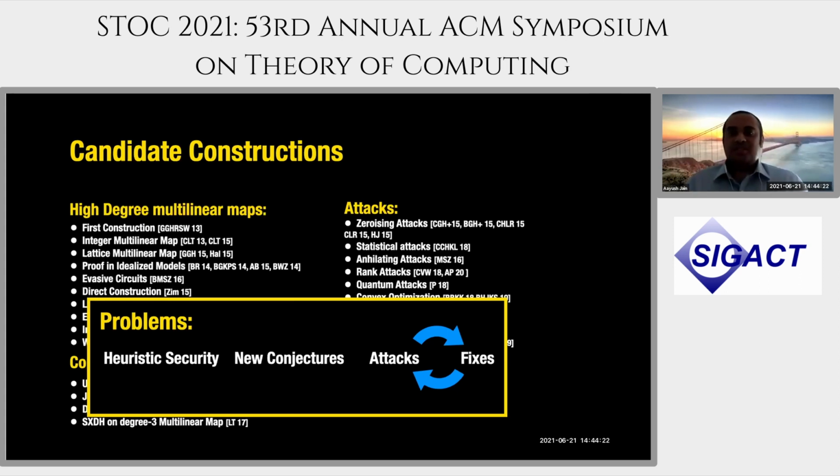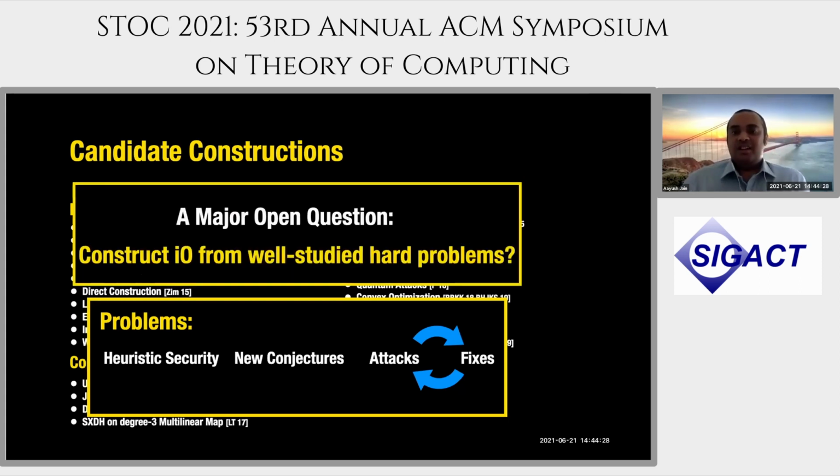And at that time, it wasn't even clear whether you can ever base indistinguishability obfuscation on well-studied hard problems. So what we want to do is construct an IO scheme which is as hard to break as some long-standing mathematical problem which we have looked at for a long time. And this is exactly the topic of this talk.